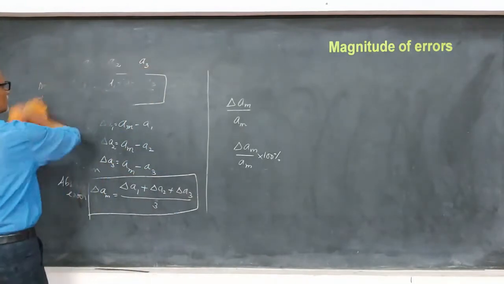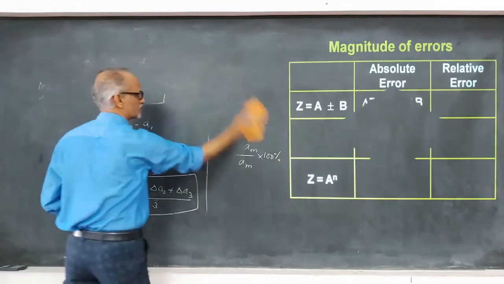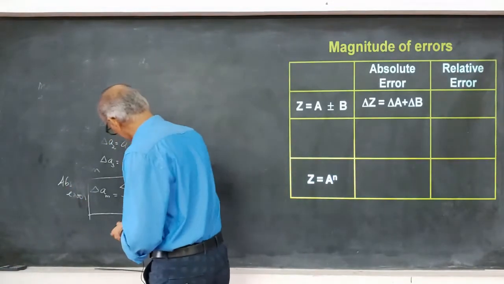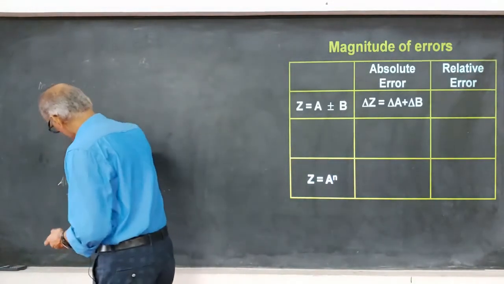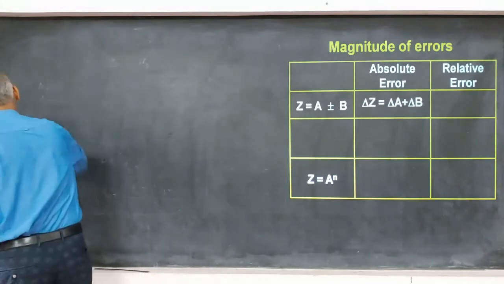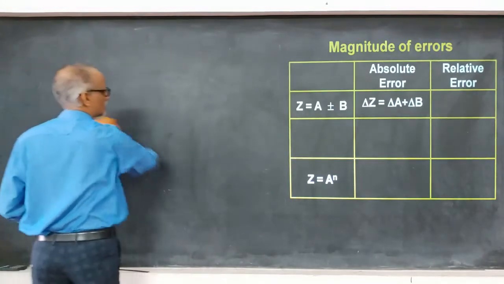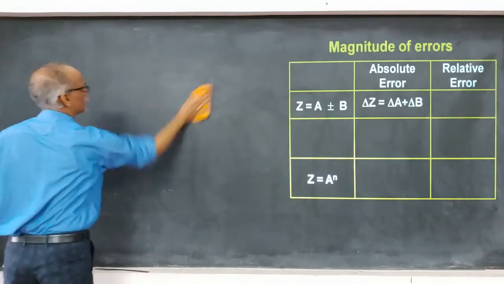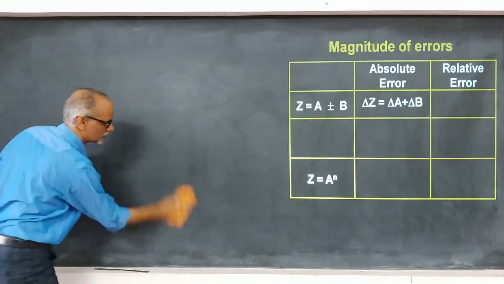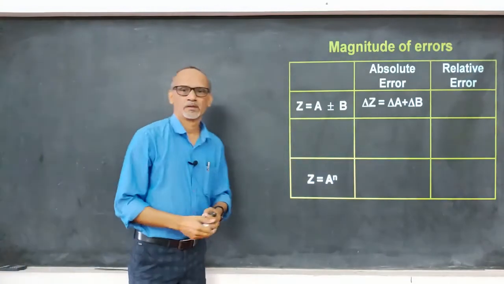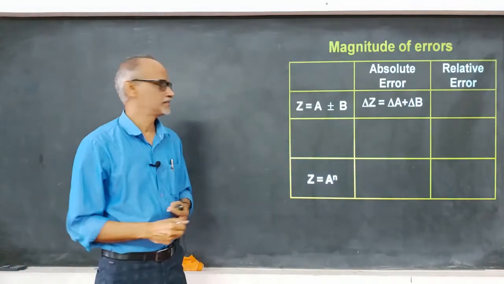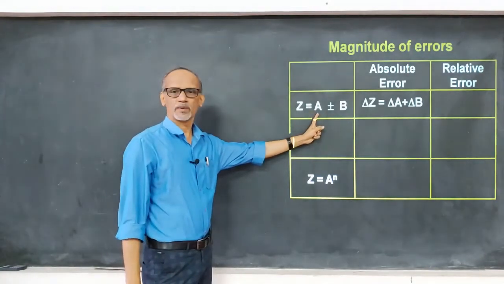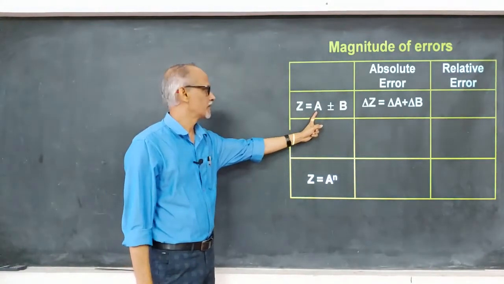So, magnitude of the errors. See the equation. These are important. Right. So, we have a table here. A is one measured quantity.